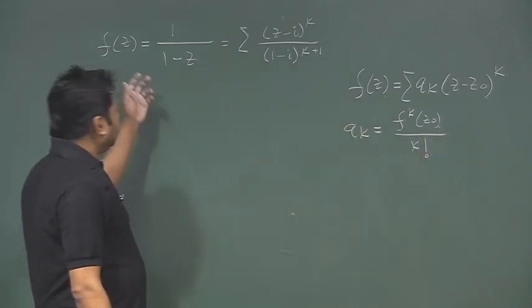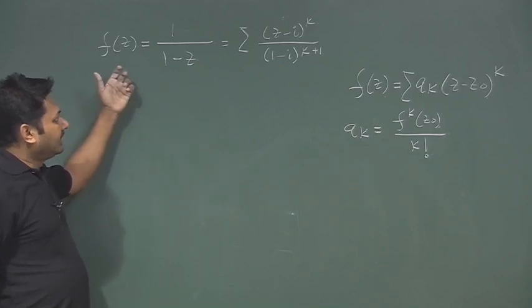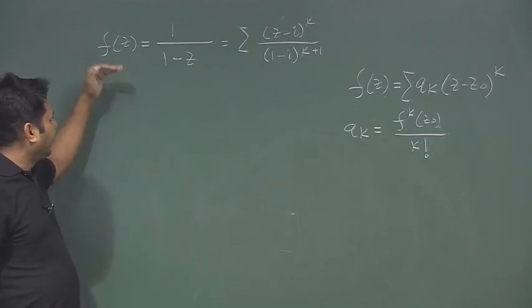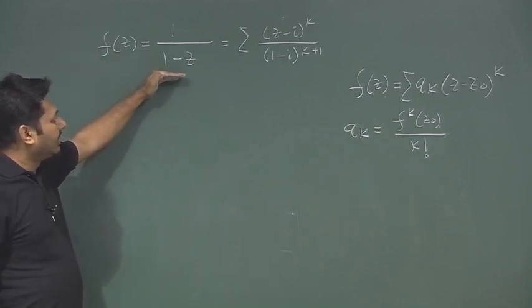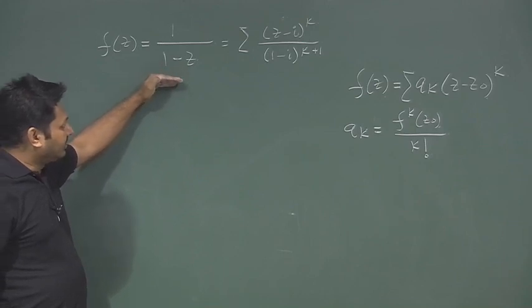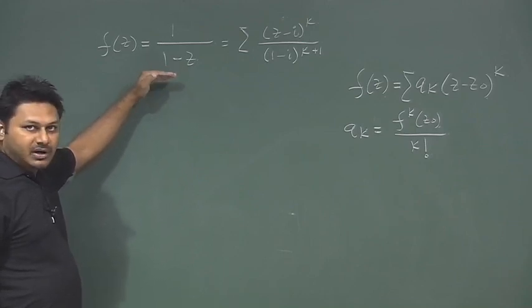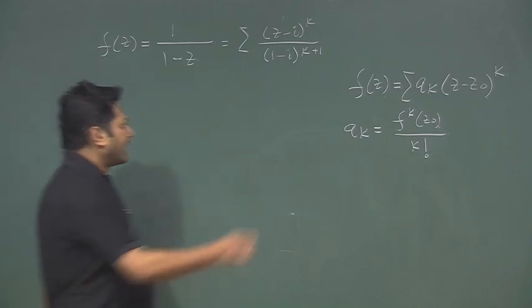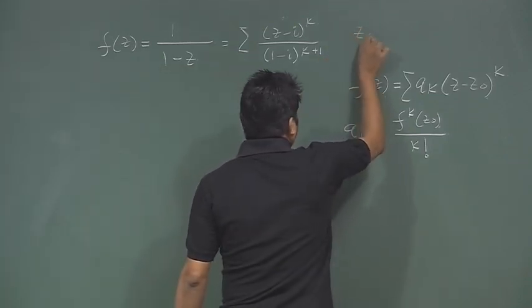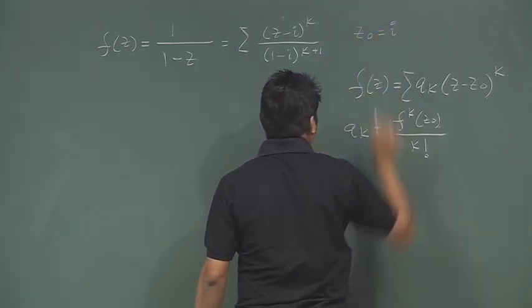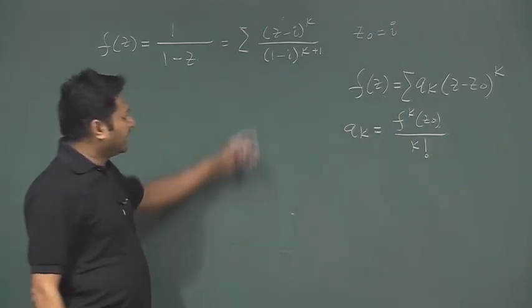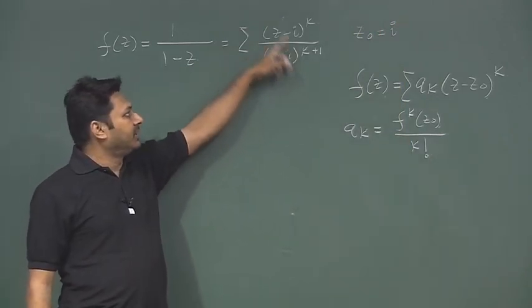I have already written the expression that we found in our last class. We were asked to expand this particular function in terms of a Taylor series around the point z0 equal to i. I did the calculation and my result was something like this.